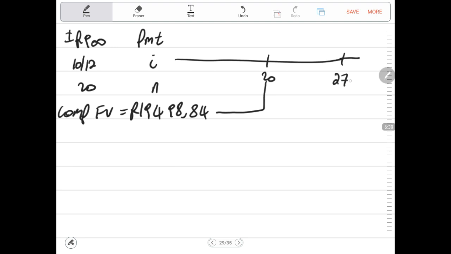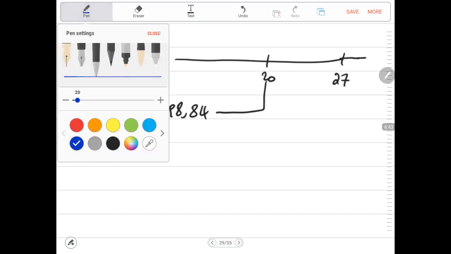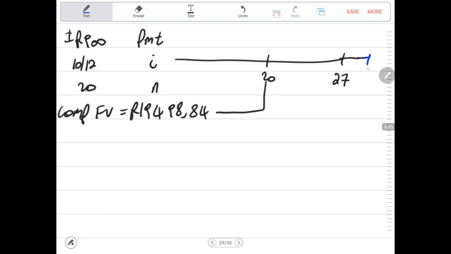At the end of month 27, one period before the withdrawals of 1000, because we know that in month number 28 this person will start withdrawing an amount of 1000. So now we need the balance a period before the withdrawal takes place.